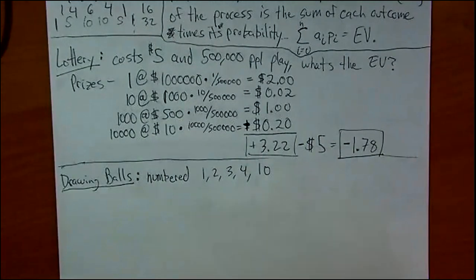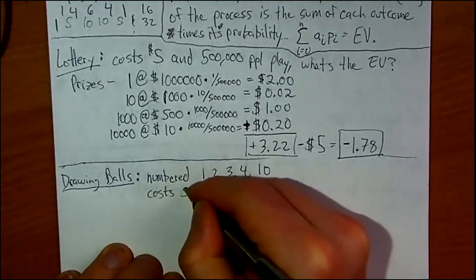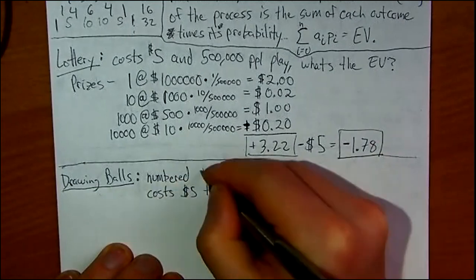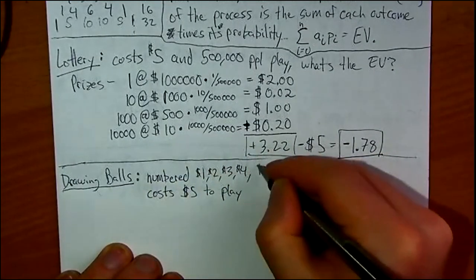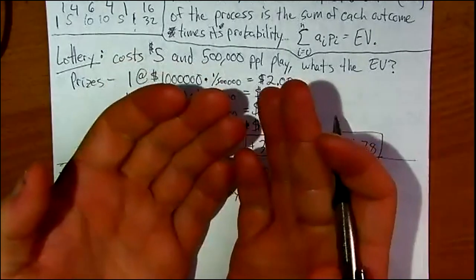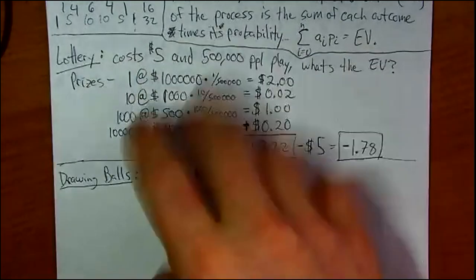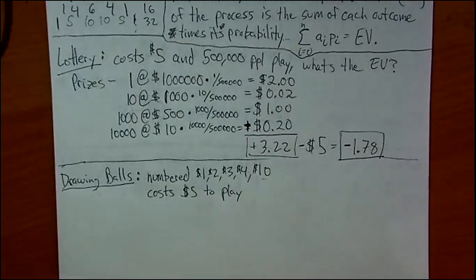And let's say again it costs $5 to play. So there's a little bowl with some numbered balls in it, and someone mixes the balls around and picks one out, and that's how much money you get, right? And it costs $5 to play.